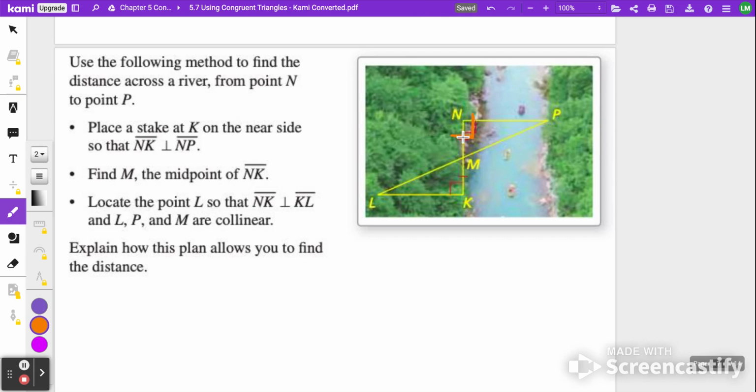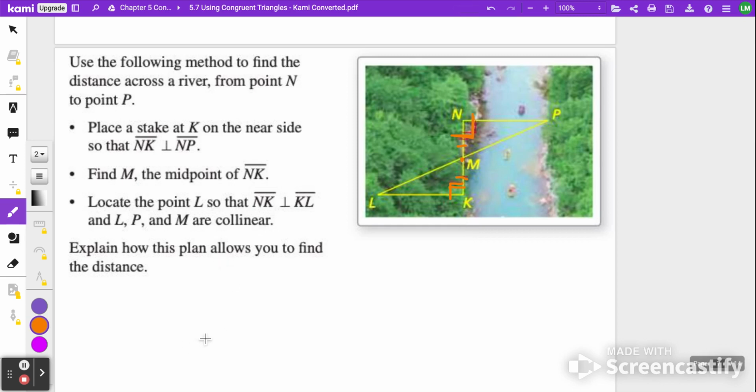Find M, the midpoint of NK, which means NM is equal to MK, and locate point L so that NK is also perpendicular to KL, which means that is another 90-degree angle, and L, P, and M are collinear, meaning they're all on the same line.